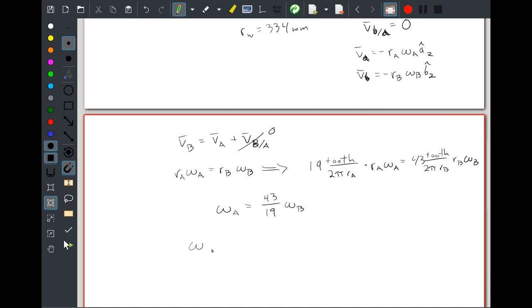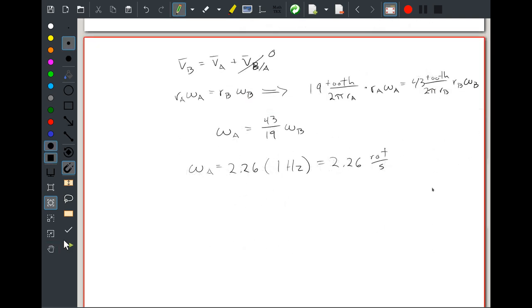So now plugging in my 1 rotation per second, 2.26 times 1 hertz is equal to 2.26 rotations per second, or about 2.3 times faster.